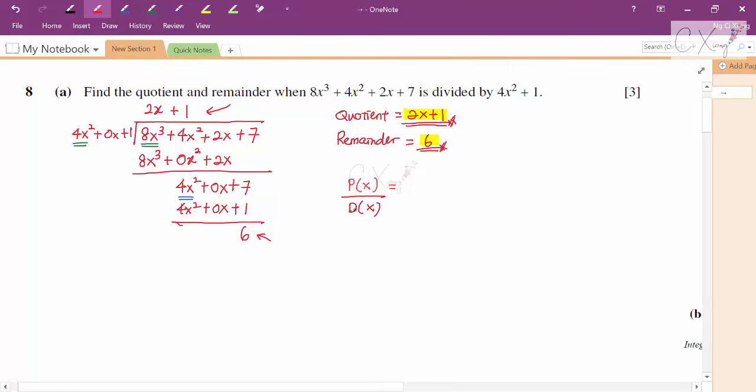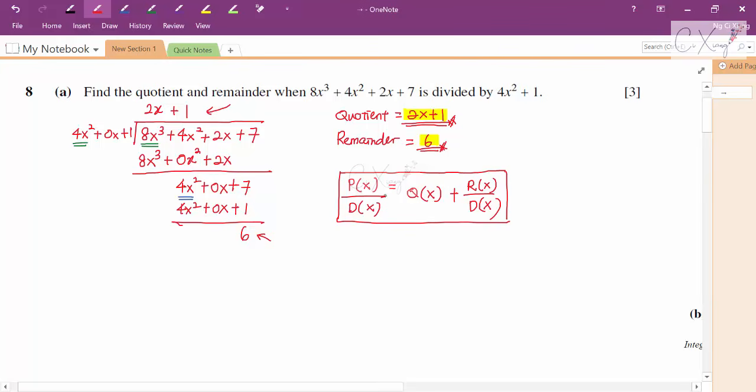When the polynomial is divided by the divisor, what we will get is actually the quotient plus remainder over divisor. So this is a general formula that we have when we apply long division, and we want to rephrase it into an equation. So this is what we have here.